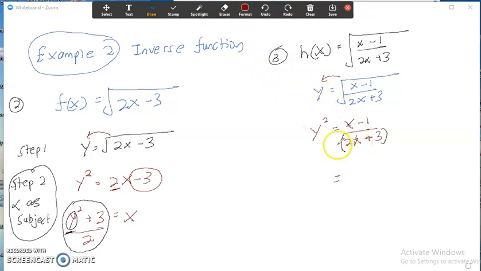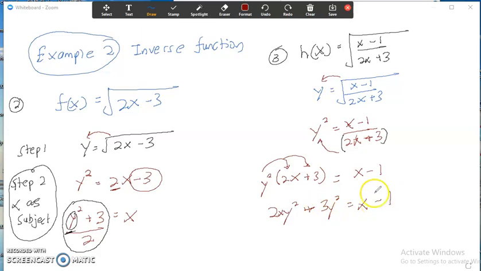So this one we multiply here, so it becomes y squared bracket 2x plus 3 equals x minus 1. Move the y squared inside, so it becomes 2xy squared plus 3y squared equals x minus 1.